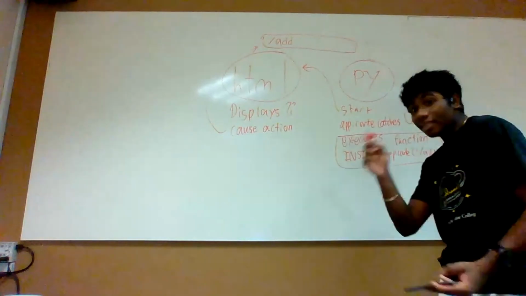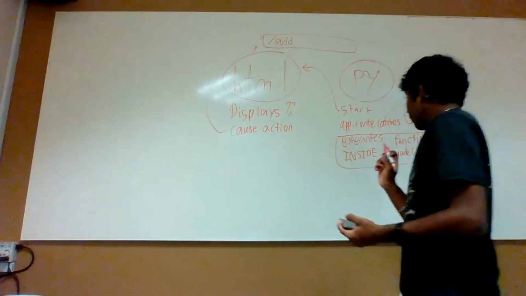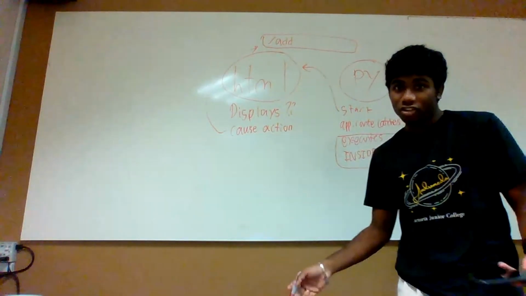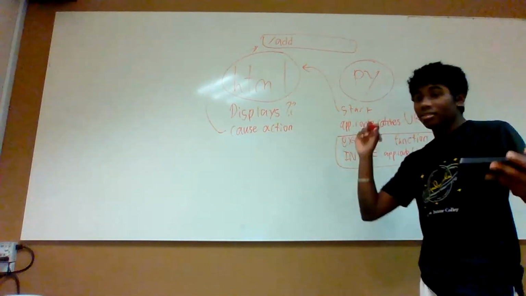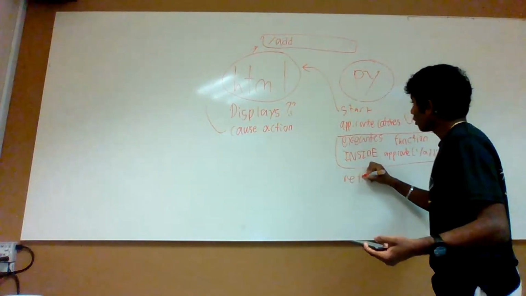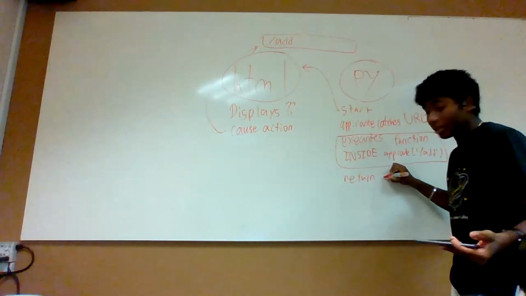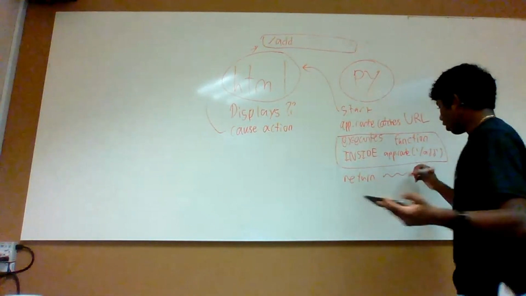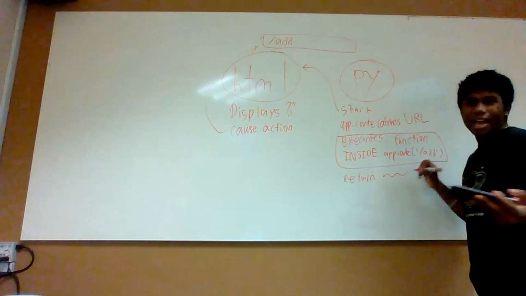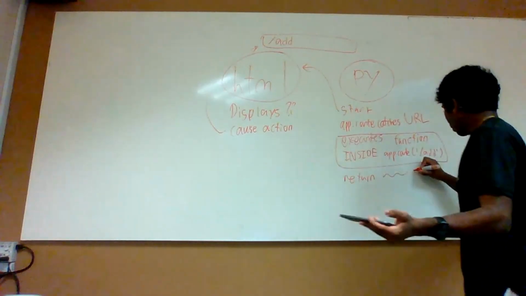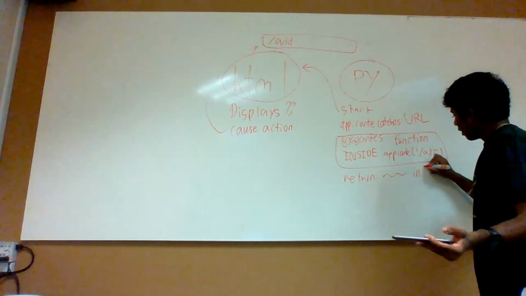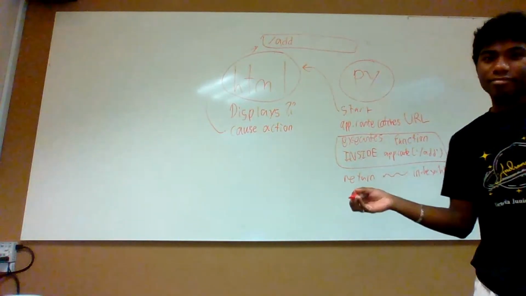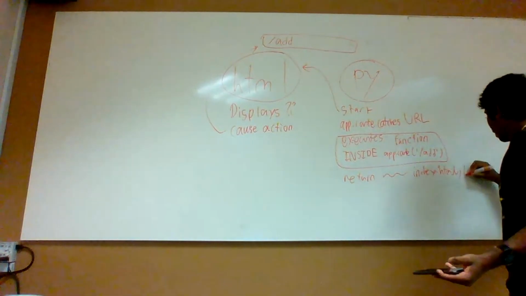And then what ends up happening is Python then, obviously at the end of the code, after it does whatever list addition it needs, it tells the HTML to return another render template. So in this case, you want to return another, for example, a different file, for example index.html, but with a different list in it.